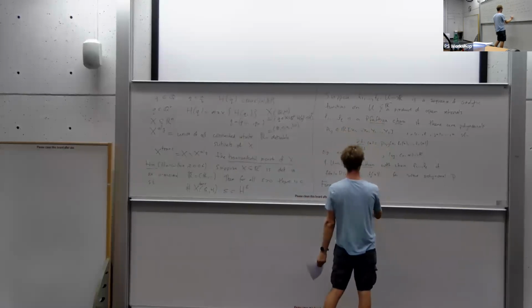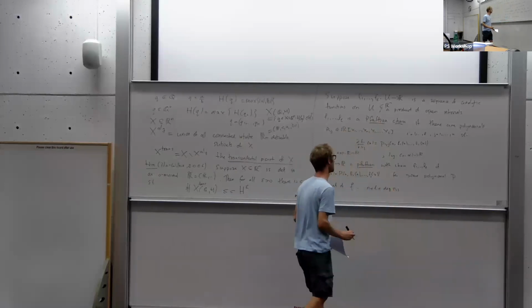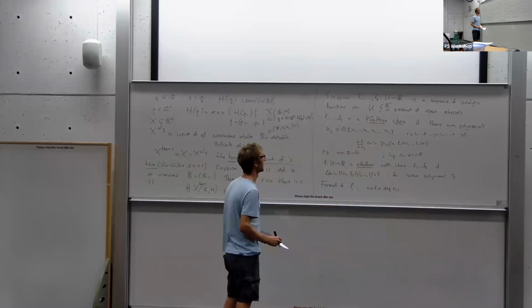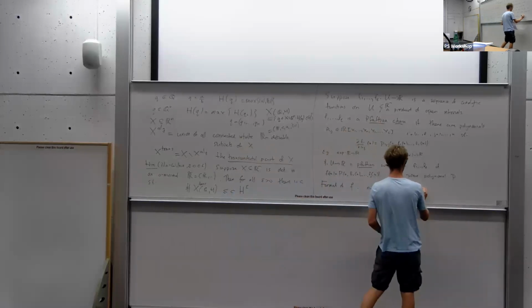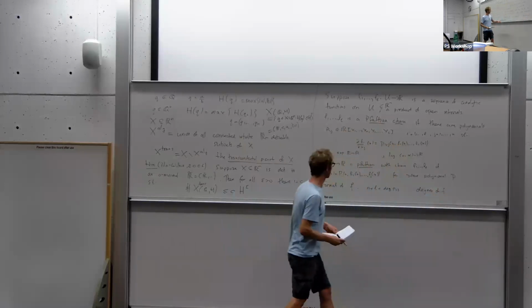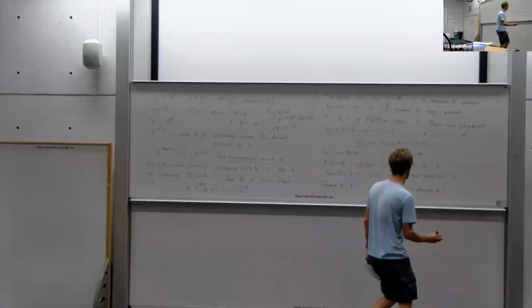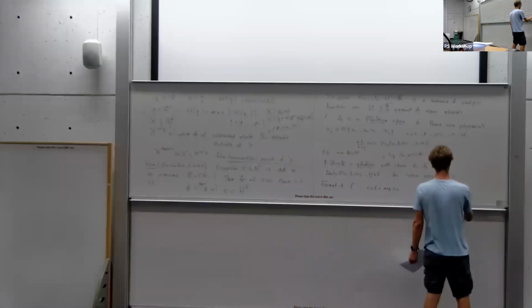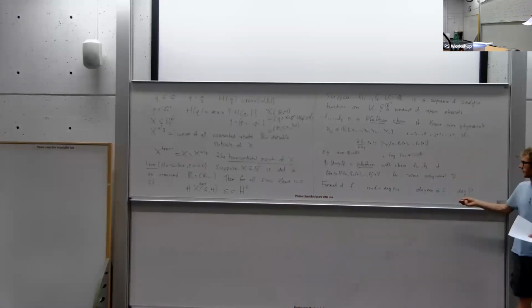So that's n plus L plus the degrees of Pij. We'll define the degree of that to be the degree of this polynomial here. And we'll see later why we want to do this.